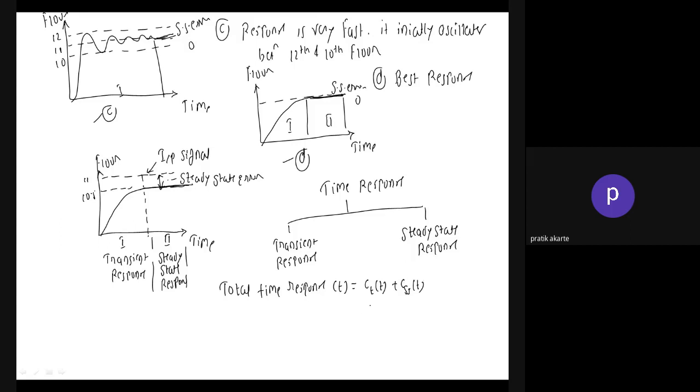So the total time response is a summation of the transient response plus the steady state response.